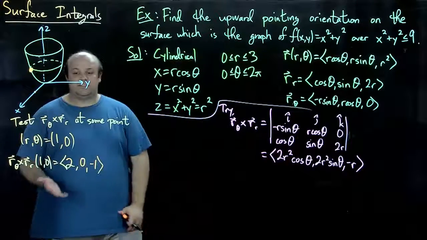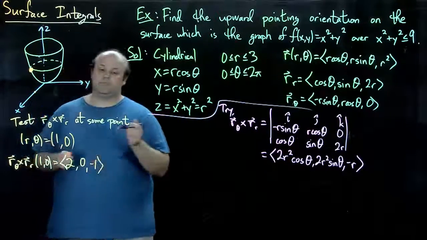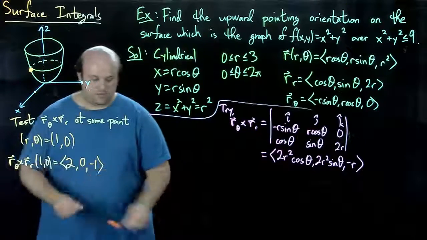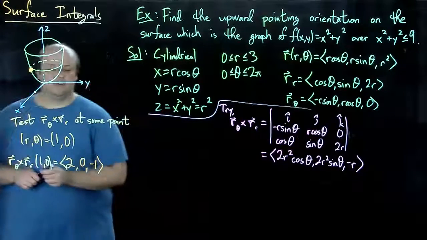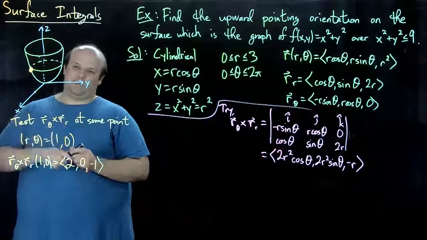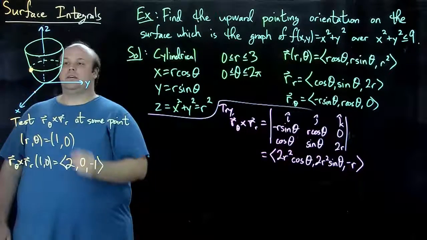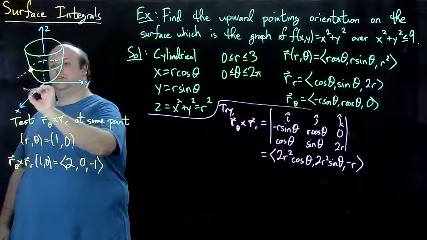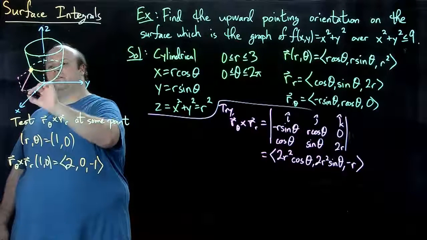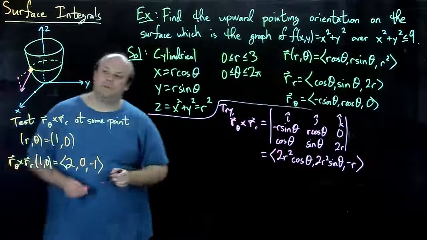So at the point 1, 0, the vector field is 2, 0, negative 1. So what does that look like? Well, there's nothing in the y component, so it lies in this kind of xz plane here, and it goes out 2 and down 1. So we get a vector like that.